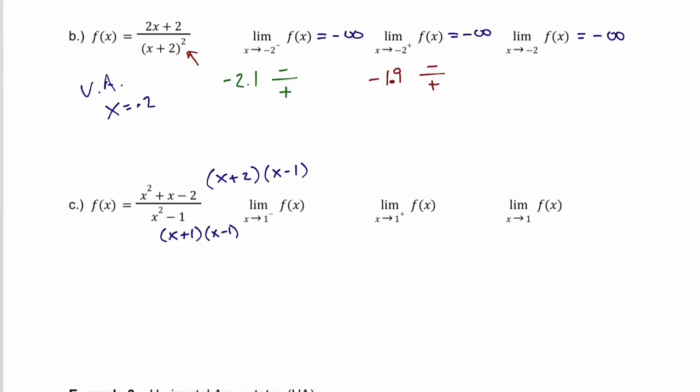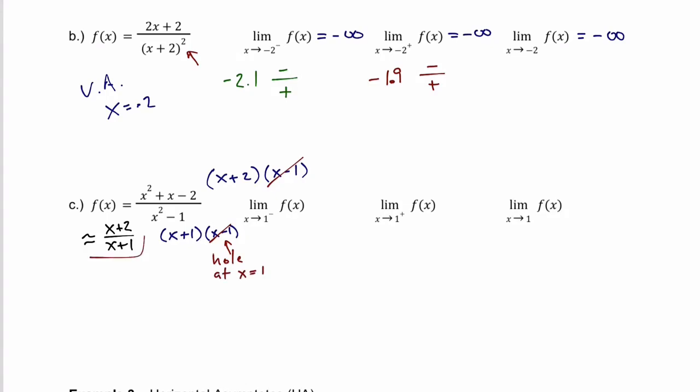And so before we think about where the vertical asymptotes are, it's really important to factor when we can, because in this case, notice that x minus 1 and x minus 1 cancels out. So the graph of this function is actually going to look very much like the graph of x plus 2 divided by x plus 1, with the important difference that there will be a hole in the graph at x equals 1.